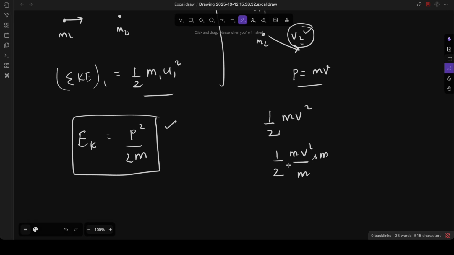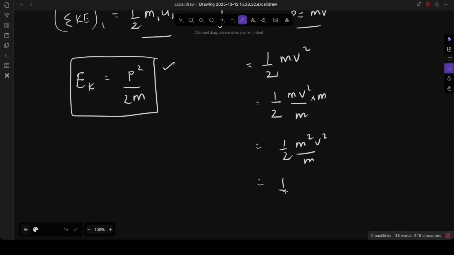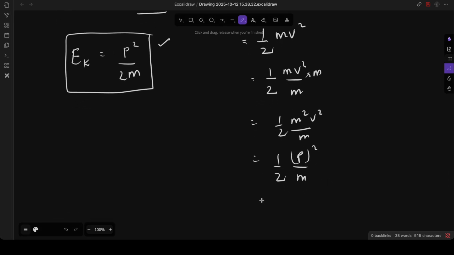I'm not changing the ratio, so here m into m will become m squared, so I'll get half m squared v squared upon m, and this gives you half (mv) the whole squared upon m, and mv is nothing but momentum, so that is p squared upon m, and this can be simply written as p squared upon 2m. So this is the formula we use: Ek is equal to p squared upon 2m.